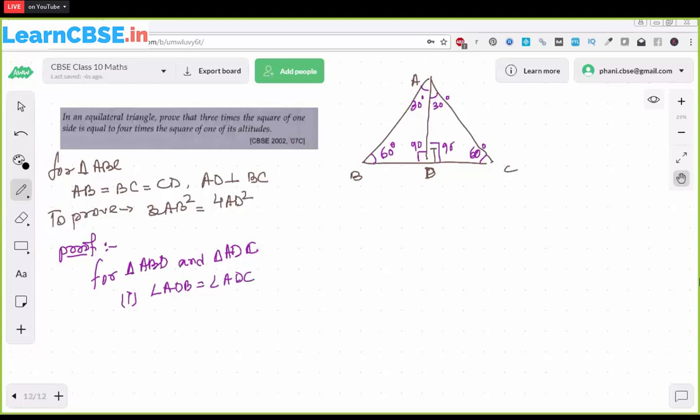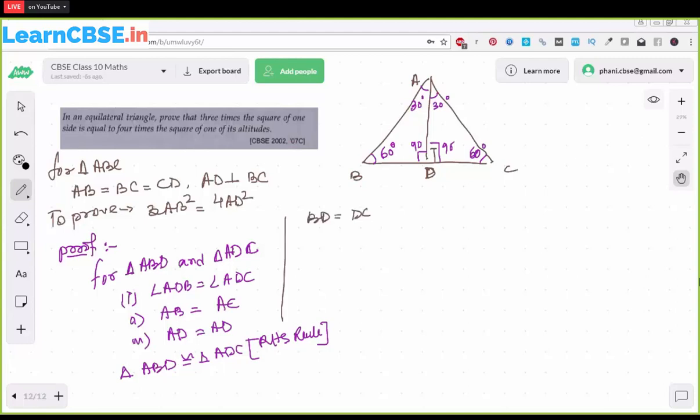The second thing we can write that AB equals AC, and the third thing we can write as AD equals AD. So by RHS rule we can prove that the triangles are congruent to each other. Now as the triangles are congruent, we can write that BD equals DC, which is half of BC.